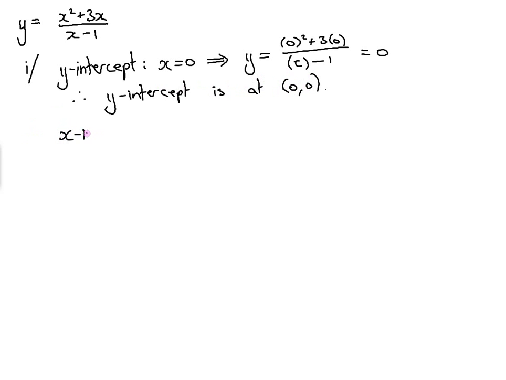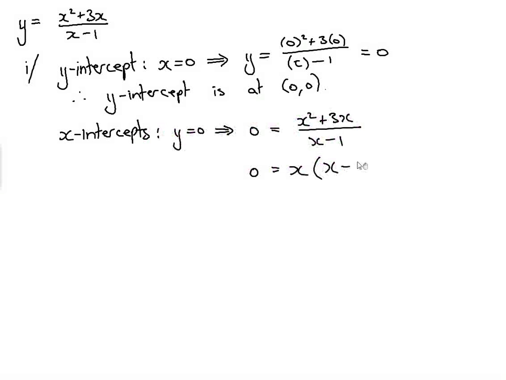So what's the condition for the x-intercept, or intercepts? The condition is that y is equal to 0, which gives us 0 is equal to x squared plus 3x over x take 1. So if we factorize and bring that up the other side, we get 0 is equal to x times (x plus 3).